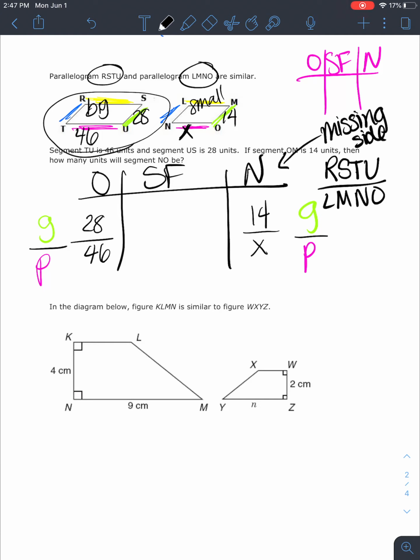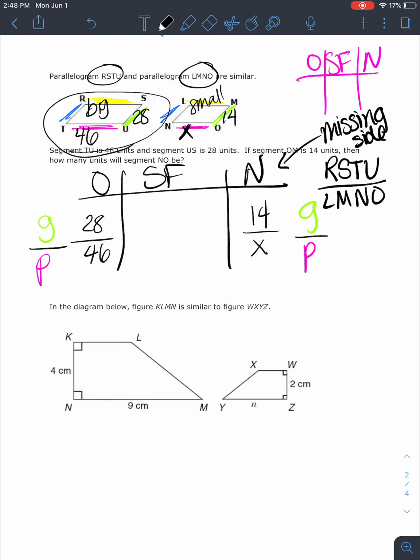When we're looking at this, some of you may be very quick to tell me that you see divide by 2. Now, when we're dealing with scale factor and dilations, we talk about these things in terms of multiplication. When something gets smaller, it's going to be a number smaller than 1.